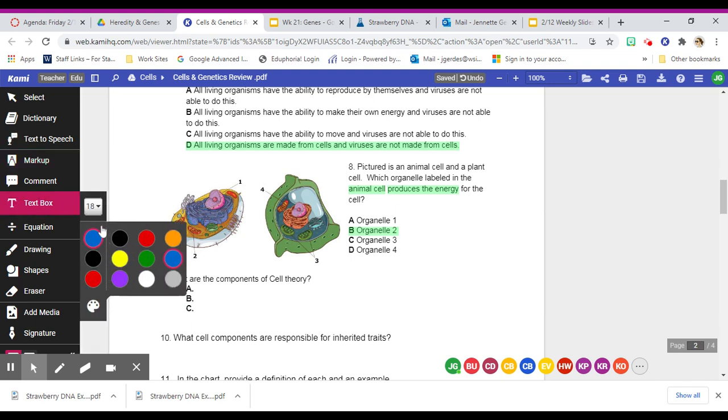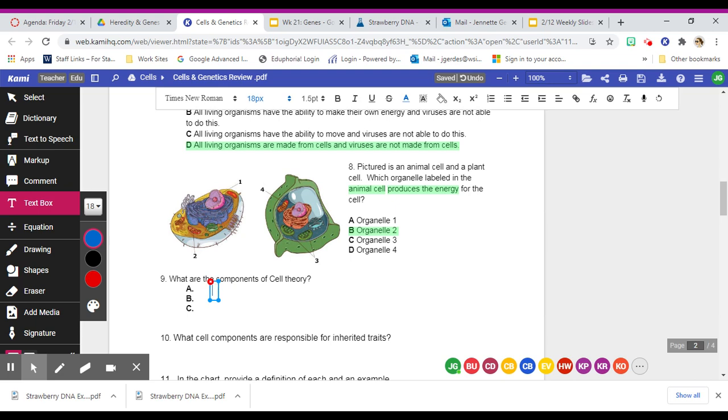So what are the components of cell theory? Remember, what does the cell theory tell us? All living things are made of cells, cell or cells, right? It could be just one cell. Okay, the second one says the cell is the basic unit of life.